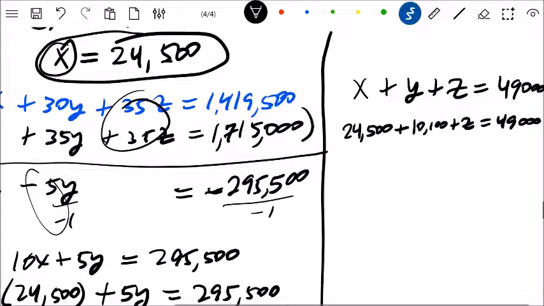So this is 34,600. Subtract that from both sides, and we get that z is equal to 14,400.